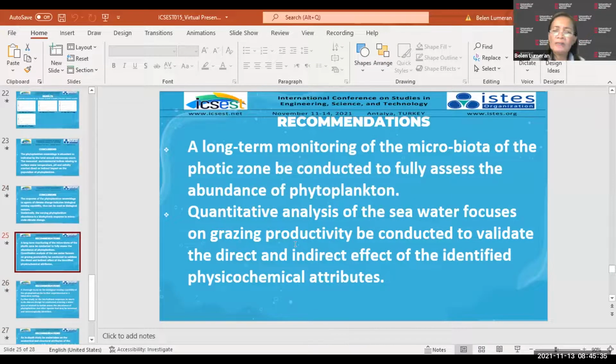Long-term monitoring of the microbiota of the photic zone is one of my recommendations, to fully assess the abundance of phytoplankton. Quantitative analysis of the sea water focusing on grazing productivity should be conducted to validate the direct and indirect effects of the identified physicochemical attributes.